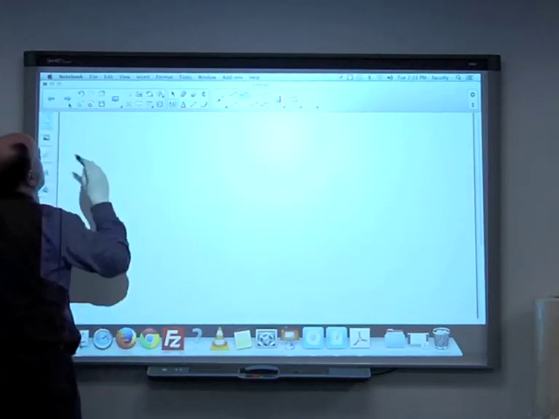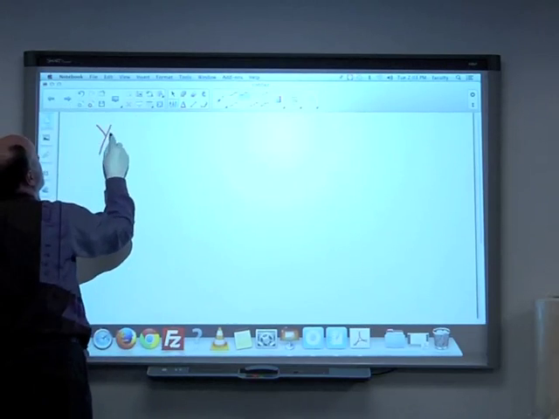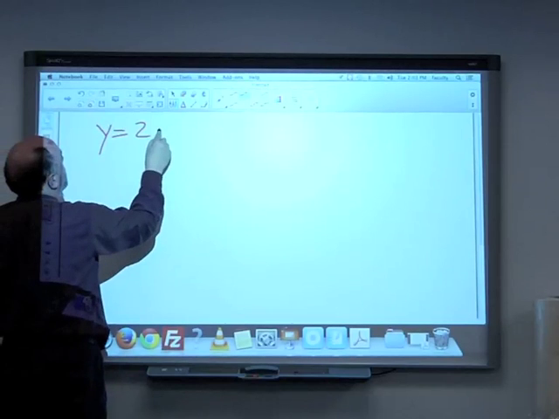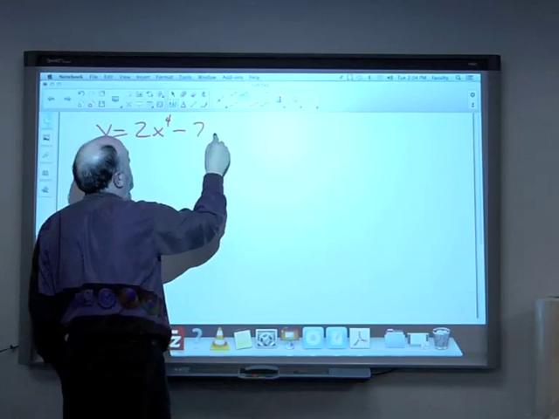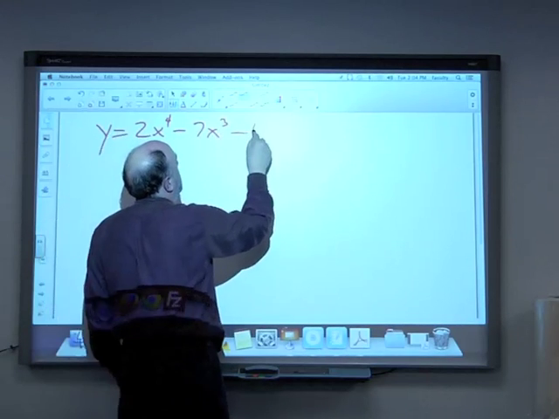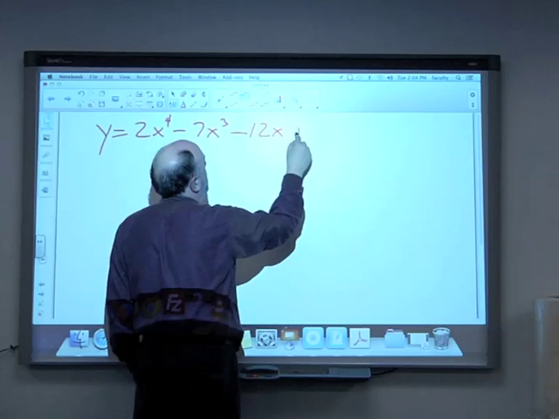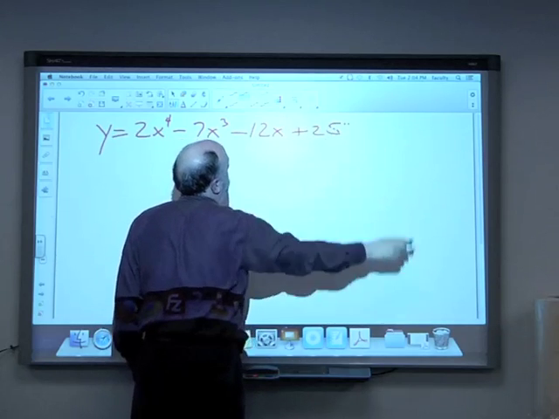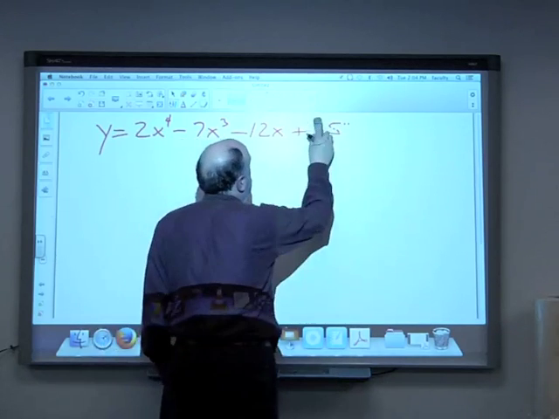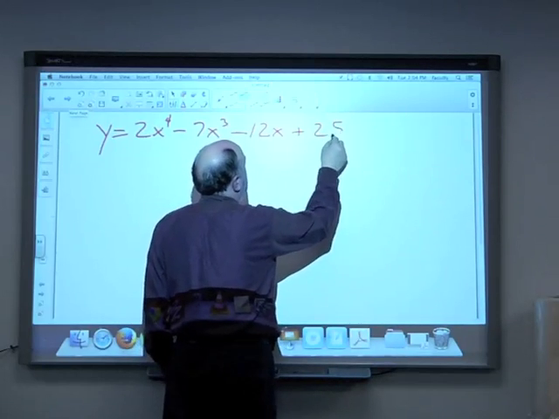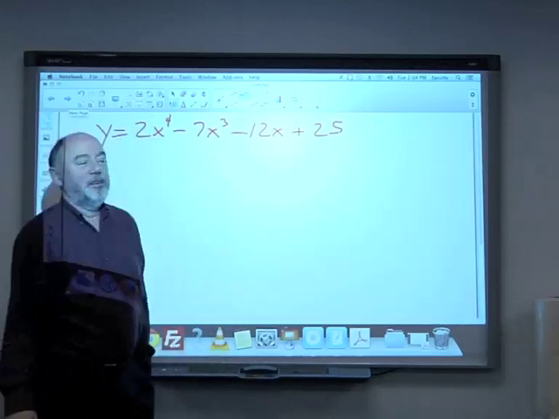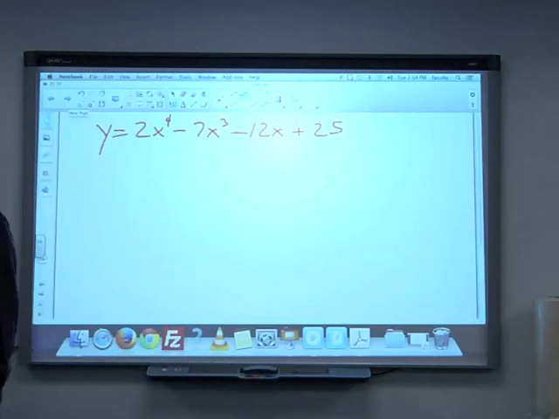So in terms of an equation, here's my equation. I want to know what's going on with my graph when I get to the outer edges of the graph.